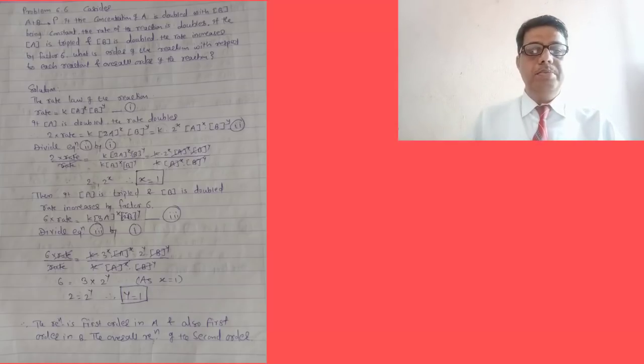Consider a reaction A plus B gives P. If the concentration of A is doubled with concentration of B being constant, the rate of reaction doubles. Second condition, if the concentration of A is tripled and concentration of B is doubled, the rate increases by a factor of 6. So what is the order of the reaction with respect to each reactant, that is A and B, and the overall order of the reaction? So in this problem we are given two conditions.